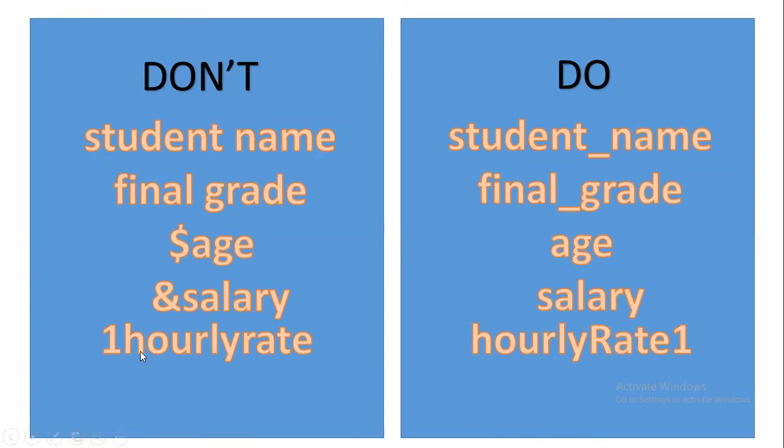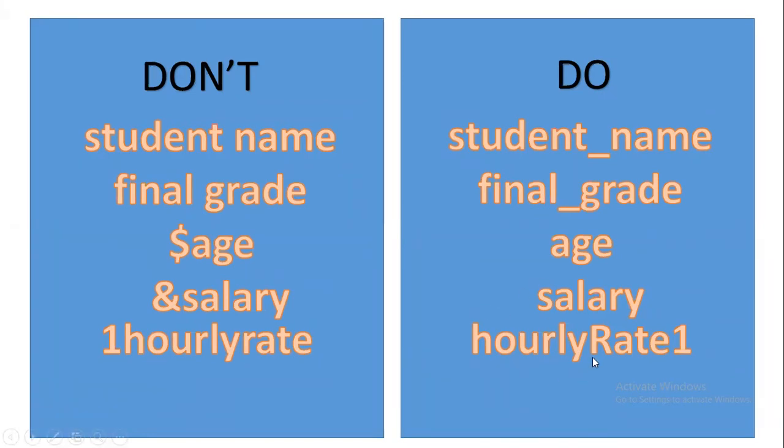We said in the naming convention, you start with a letter and the numbers and other characters go at the end. So instead of starting with 1, put the 1 at the end. So we use numbering when there are multiple, like score1, score2, score3, student1, student2, student3. Okay?